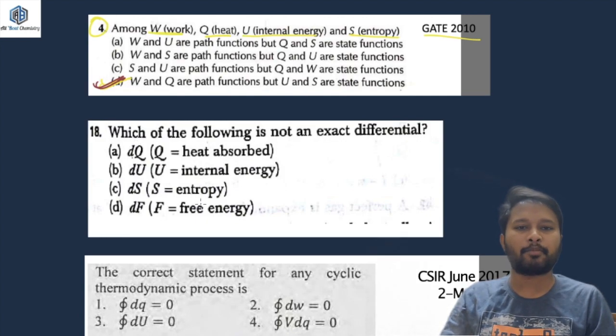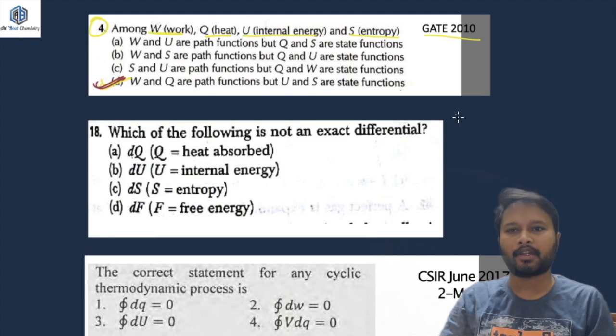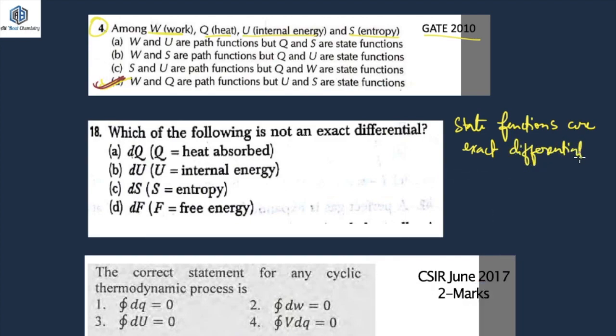Now the next question says, which of the following is not an exact differential? This is also a property of a state function: state functions are exact differentials. What does that mean?